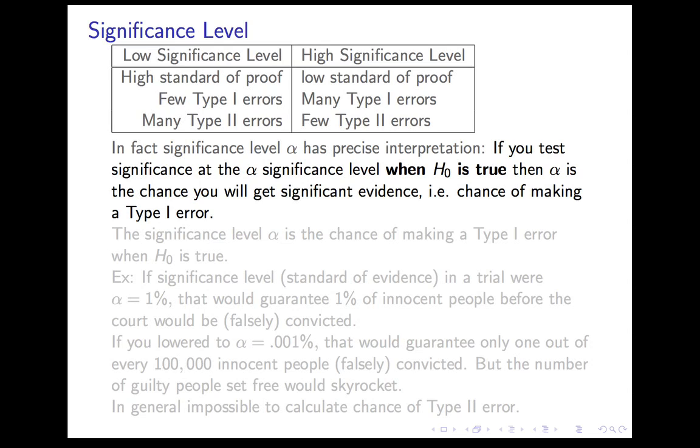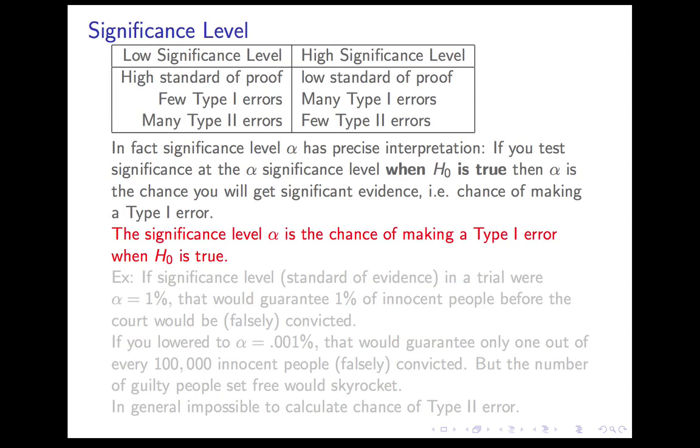Then your chance of finding significant evidence is alpha. That is, your chance of making a type 1 error is alpha. So the most important thing to walk away from in this lecture is that the significance level alpha is the chance of making a type 1 error when the null hypothesis is true.